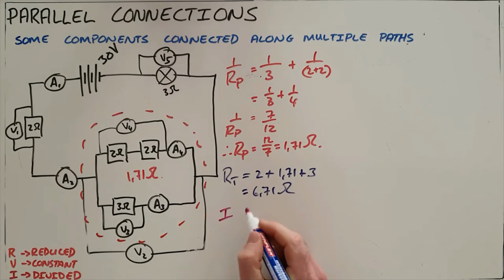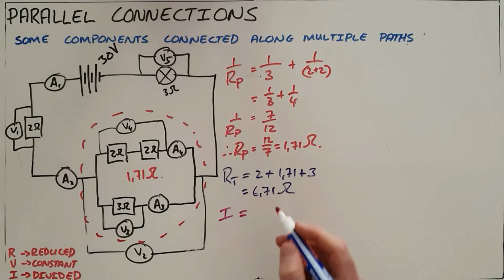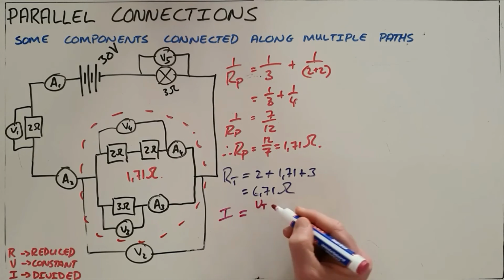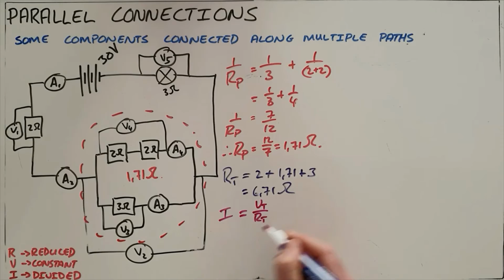Once we have an understanding of our total resistance, we know that the battery is providing a total voltage of 30 volts, so we can use Ohm's law to say that the total current in the circuit is equal to the total voltage divided by the total resistance, 30 volts divided by 6.71 ohms, which tells us that the total current in this circuit is 4.47 amps.